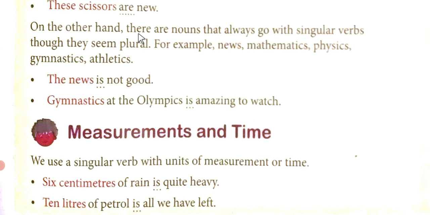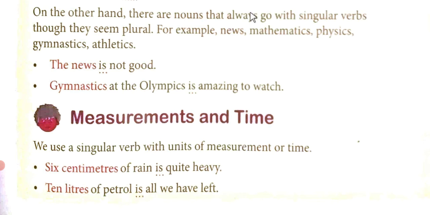On the other hand, these are nouns that always go with a singular verb, though they seem plural. For example, news, mathematics, physics, gymnastics, athletics. So, the news is not good.